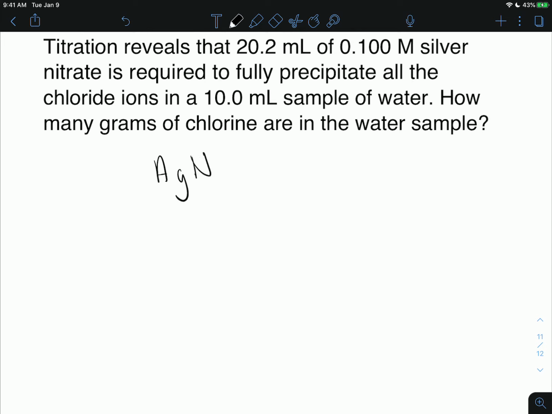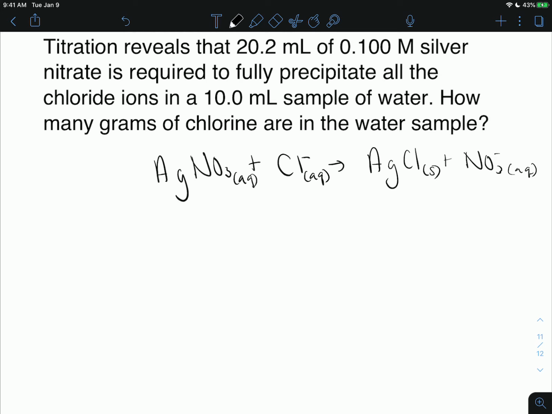Silver nitrate is going to react with chloride ions, and when that occurs, we produce silver chloride and nitrate ions. Now, silver nitrate is aqueous, chloride ions are aqueous, but silver chloride is a precipitate, and nitrate is, again, an ion in solution.